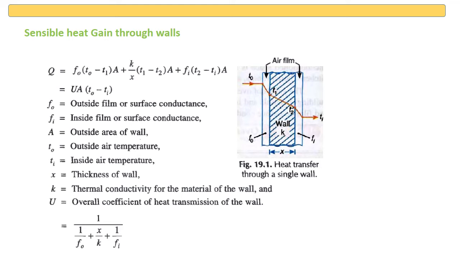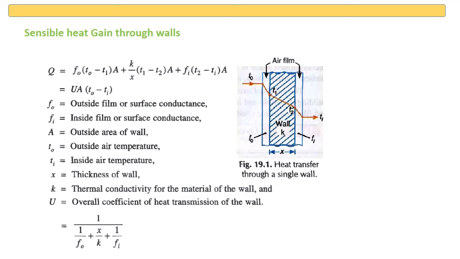Similarly, fi is for the inner side. So on the outside surface and inside surface, on both surfaces convection is occurring, but in between there is the wall, so in the wall conduction is happening. This gives rise to the expression for heat gain through the walls.